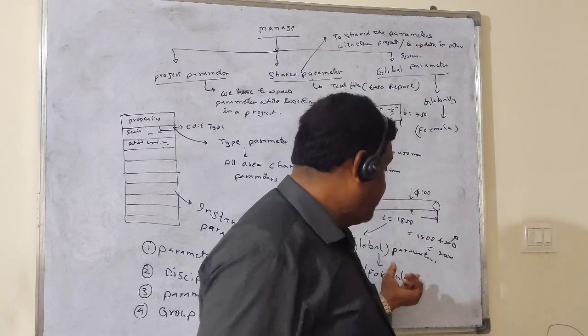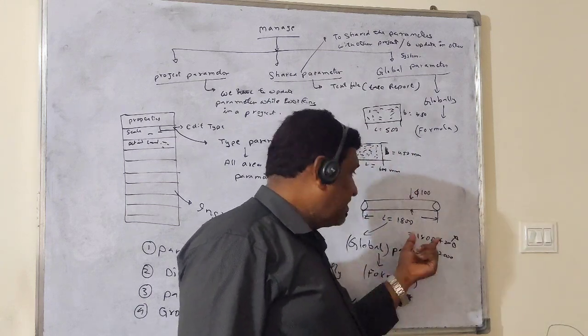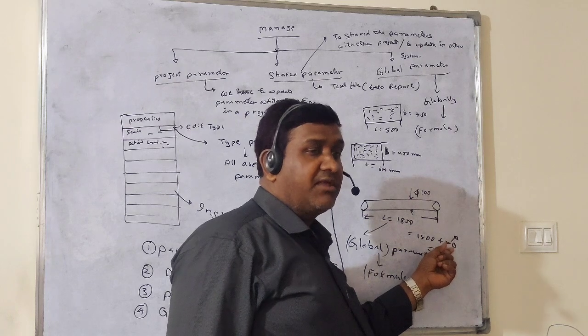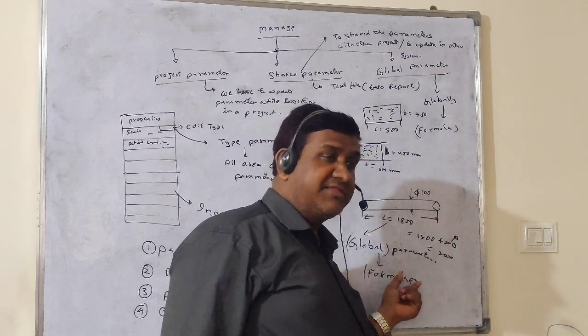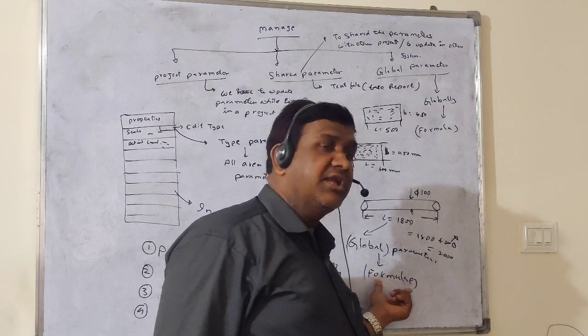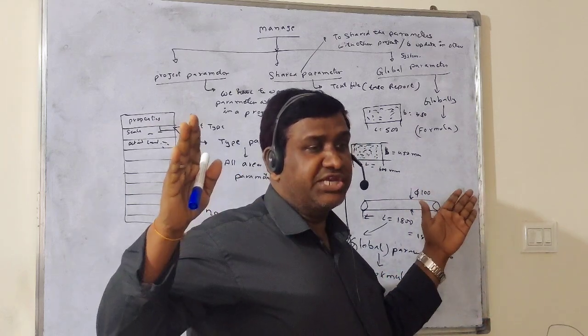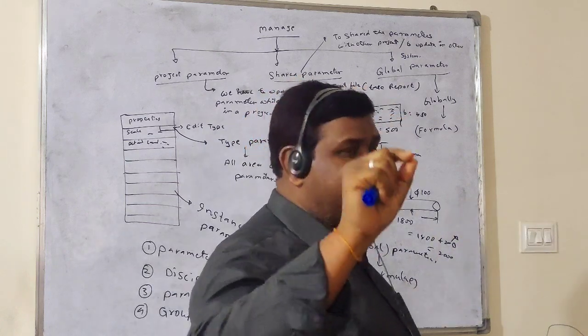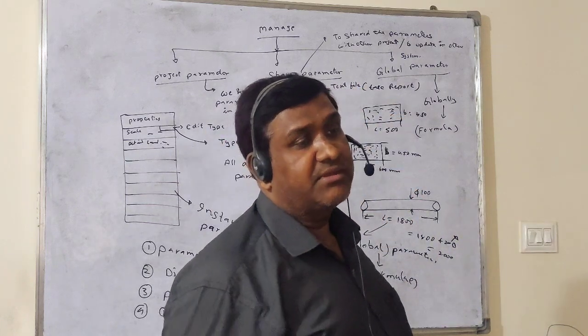So that value you have to keep in the formula, meaning 1800 plus 200 you have to give separately. If you give 200 in the global parameters palette, then wherever there is a pipe of 1800, all the pipes are going to be changed into 2000 at a time. Manually going and changing is not required.